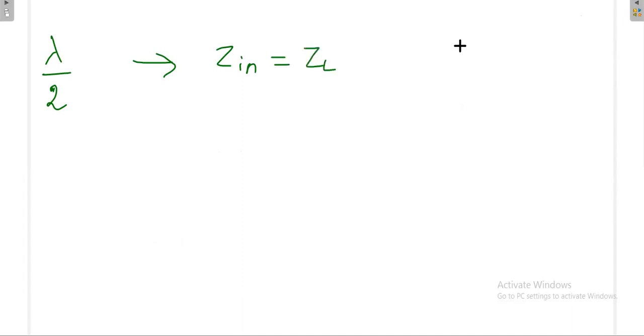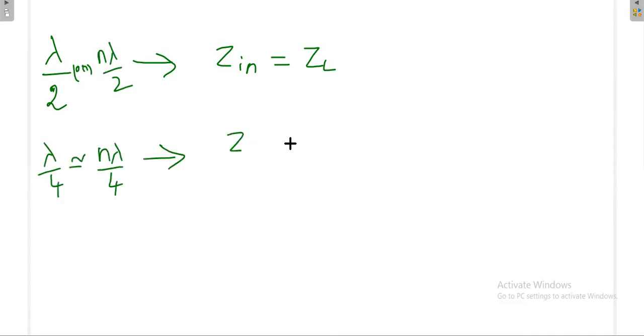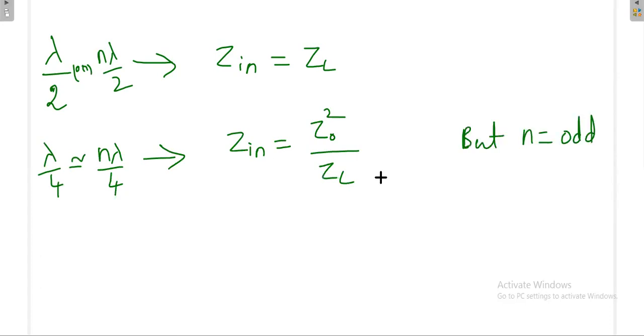You can have lambda by 2 or any n lambda by 2. If you have lambda by 4 or n lambda by 4, then your input impedance is equal to Z naught squared divided by ZL, but n has to be odd. If n is even, it automatically goes to the first condition.